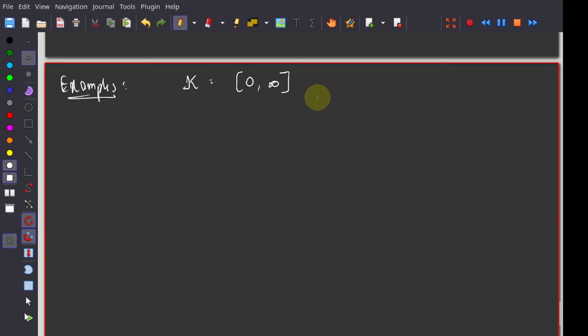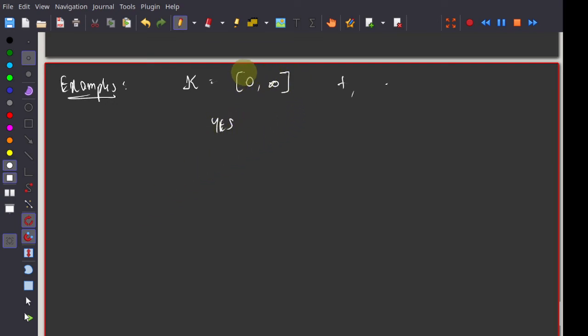And under standard addition and standard multiplication, does this form a commutative semiring? It's commutative both under addition and multiplication. It's associative under both addition and multiplication. The additive identity exists, the multiplicative identity exists, and it is distributive. So it is.